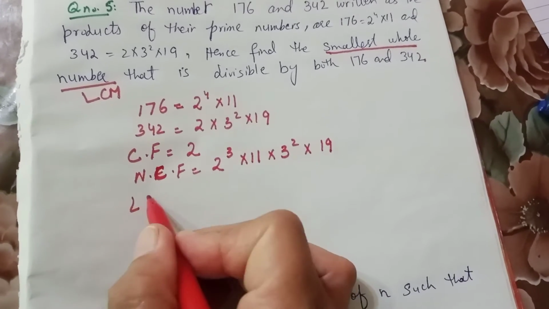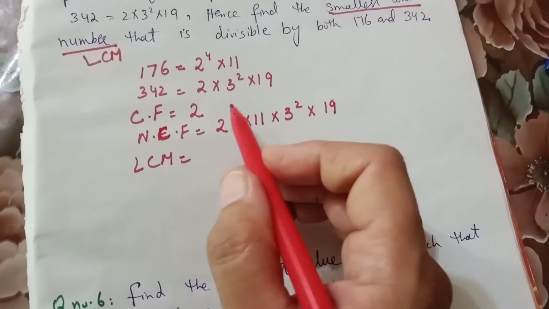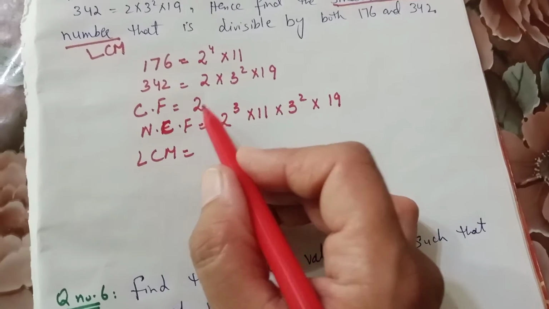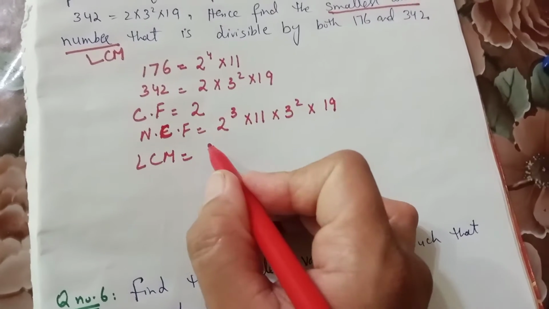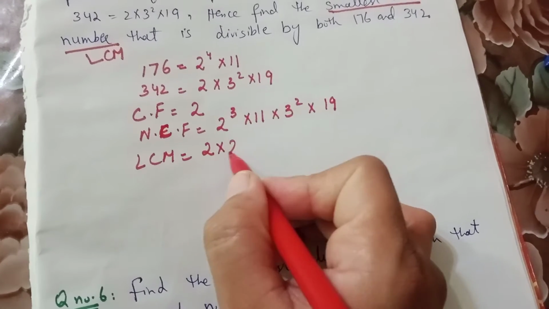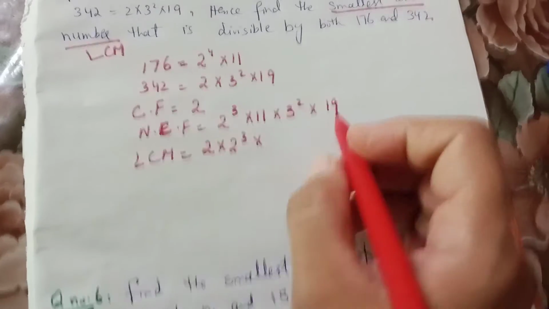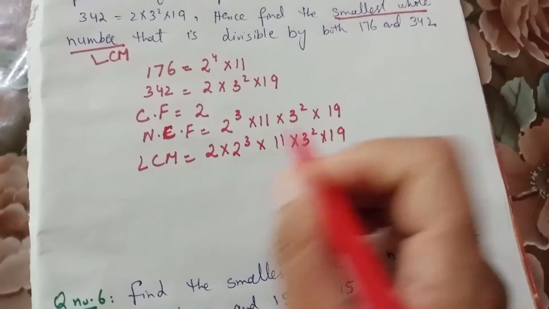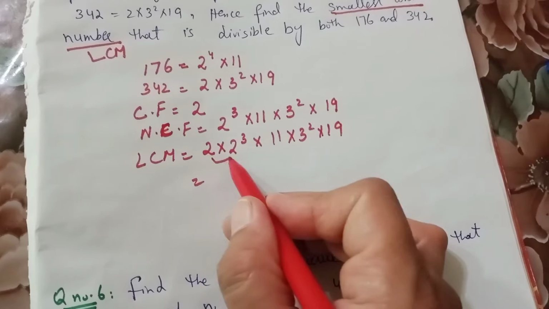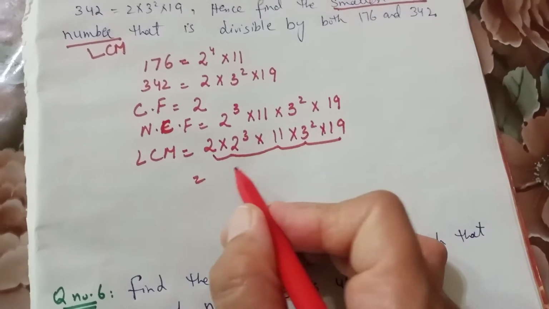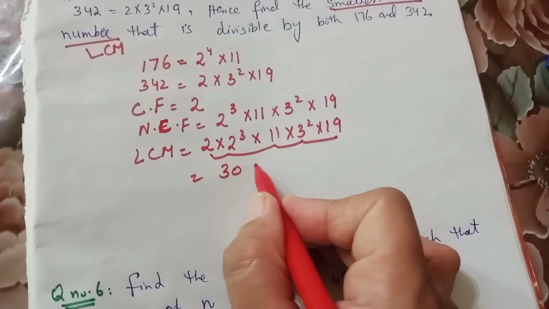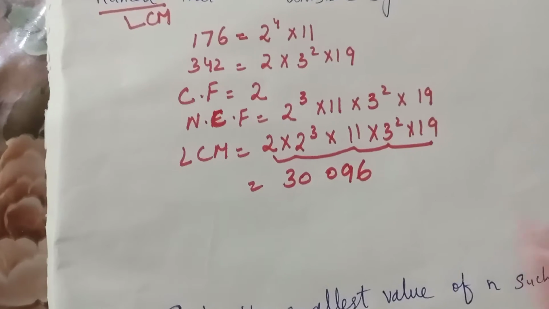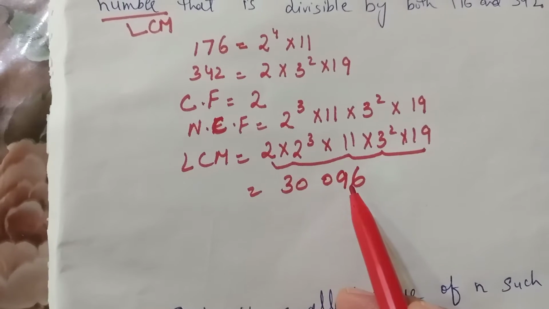Now to find LCM, we take the product of common and not common factors. When we take the product of all these numbers, we get 30,096.